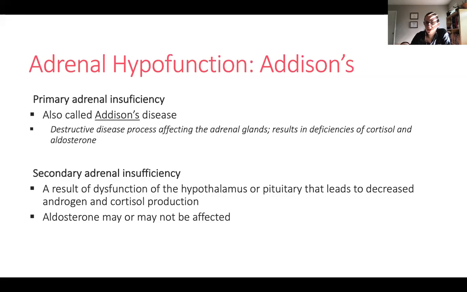Then that leads to decreased androgen and cortisol production. The aldosterone, however, might not be affected, unlike in Addison's, where both are affected. And the secondary causes could be pituitary tumors, radiation therapy, or high dose or long-term glucocorticoid treatment.